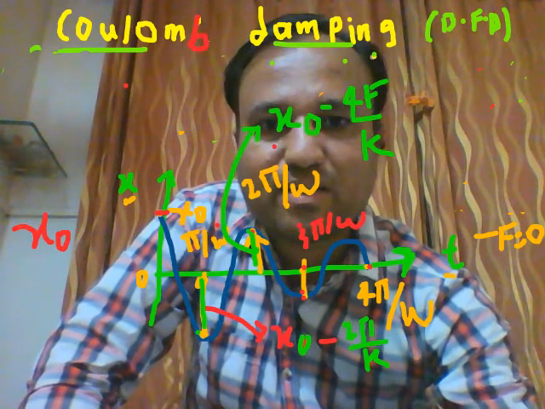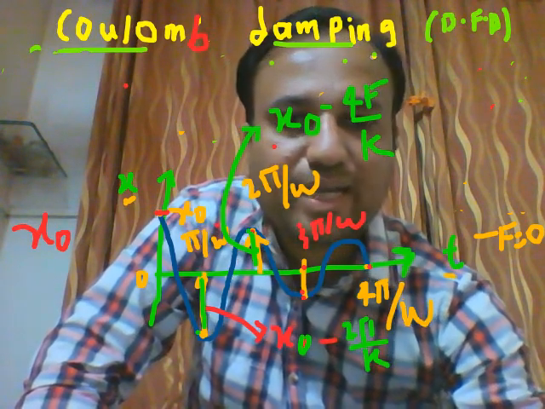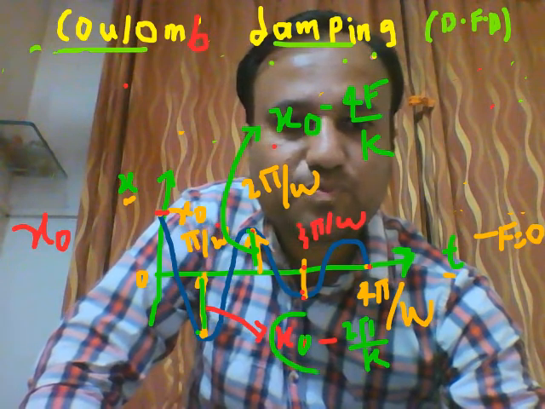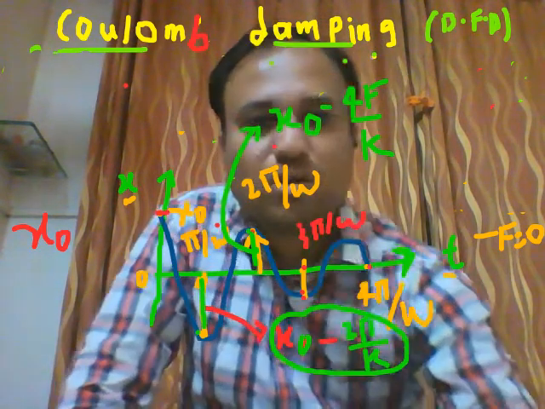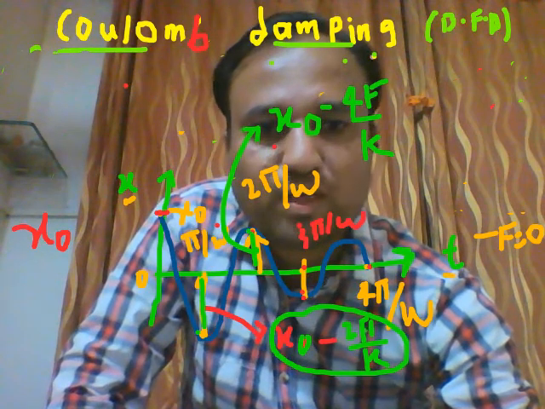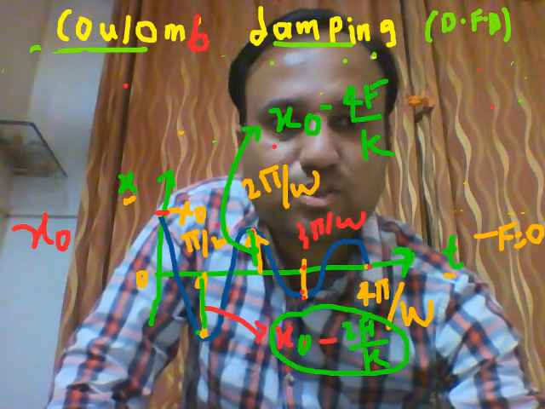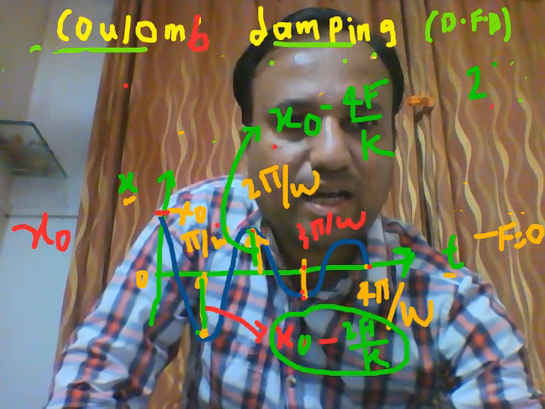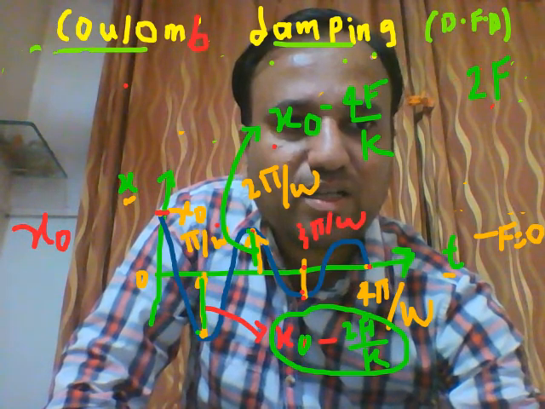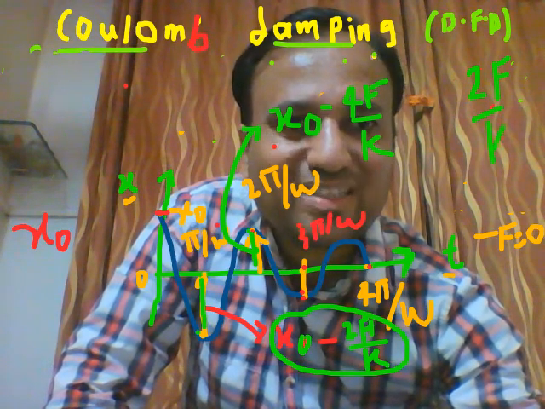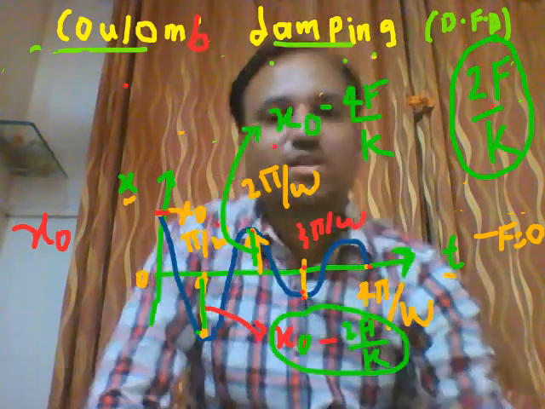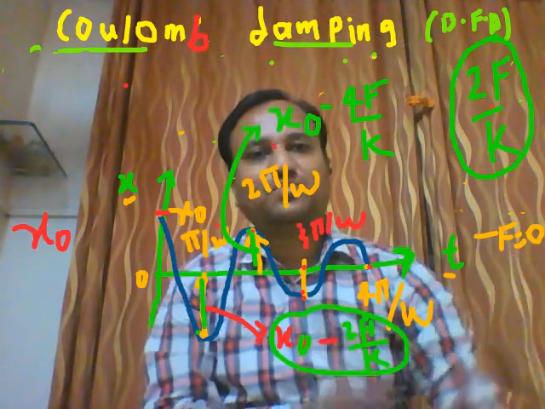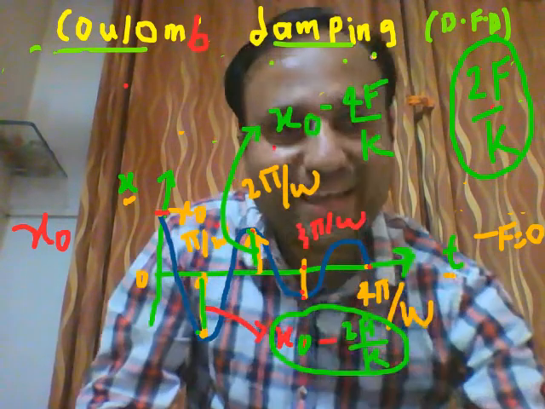so in half cycle, decay in the amplitude is 2f by k. Student, 2f by k. So in half cycle, how much amplitude is decayed? That is decrement by 2f by k.